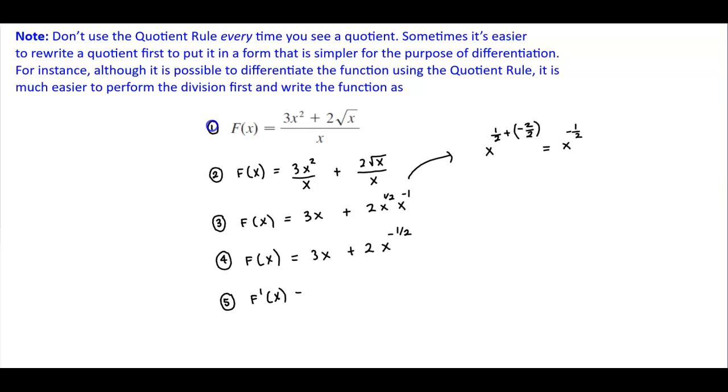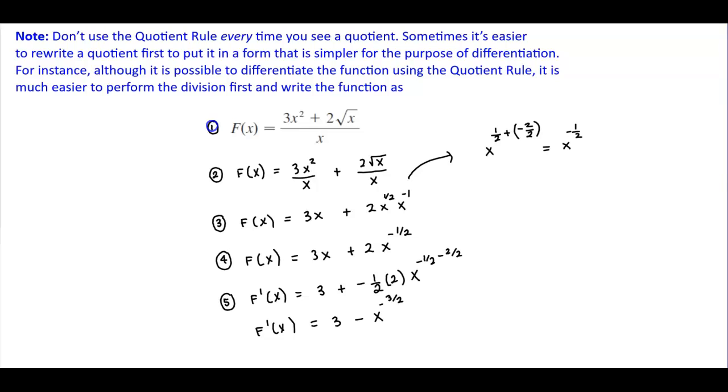Okay, now if we wanted to take the derivative of this function, then it would be f prime of x, which is equal to 3 plus negative 1/2 times 2 times x to the negative 1/2 minus 1, or minus 2 over 2. And so therefore we would say that f prime of x would then equal 3 minus x to the negative 3 over 2.